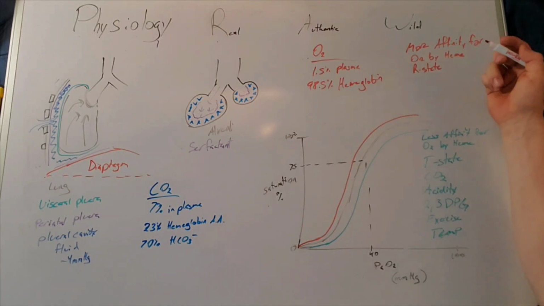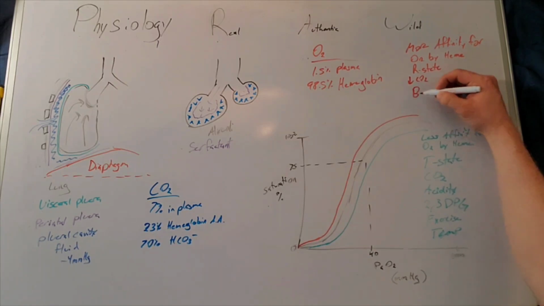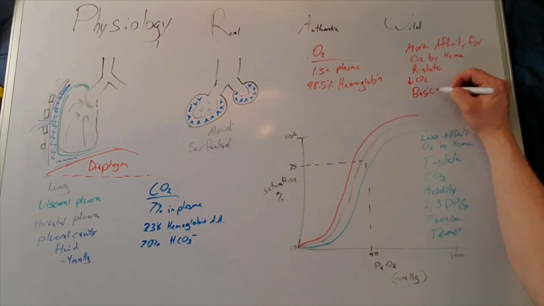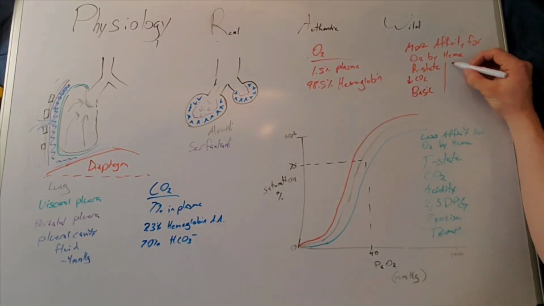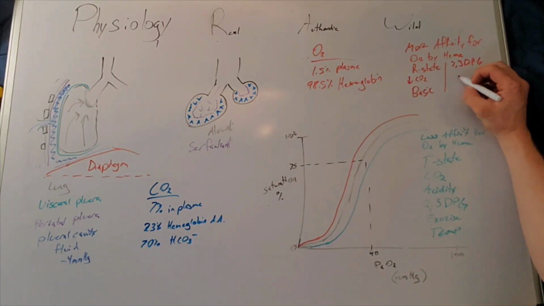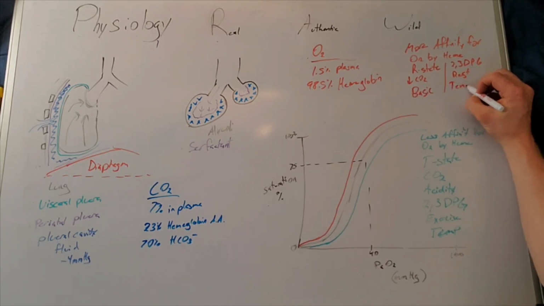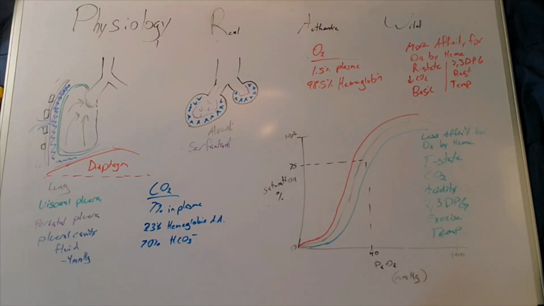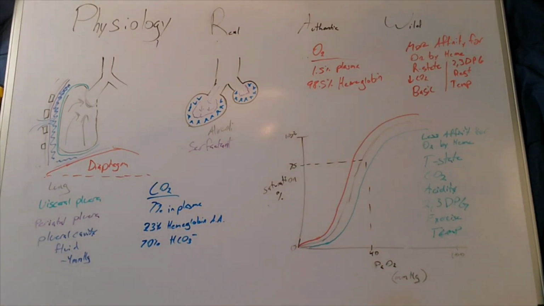We have low CO2 levels, basic pH of the blood, no or little 2,3-DPG, rest, so no exercise, and then low temperatures. And so that will make affinity go up. Alright, and I think that'll do it.